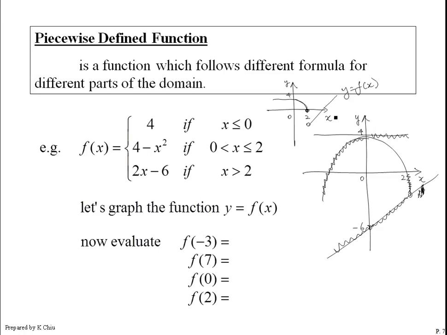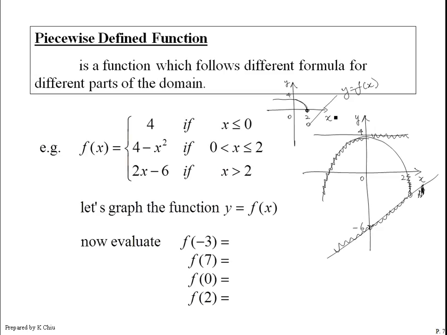Can we evaluate the following? F of negative 3. When x is equal to negative 3, what would be the output? X is equal to negative 3, y is equal to what?